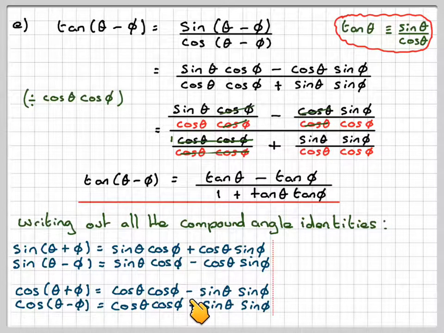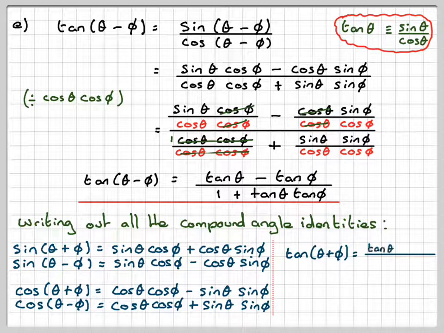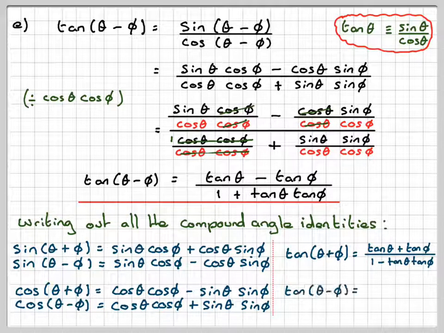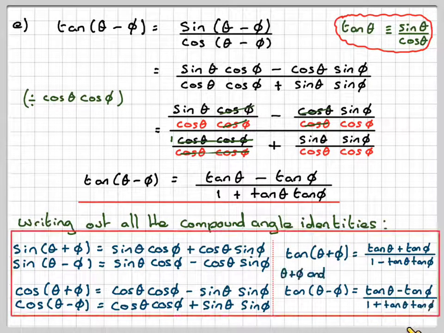Notice the signs here are the opposite to what you think they might be. And then tan of theta plus phi is tan theta plus tan phi over 1 minus tan theta tan phi, and tan of theta minus phi is tan theta minus tan phi over 1 plus tan theta tan phi.